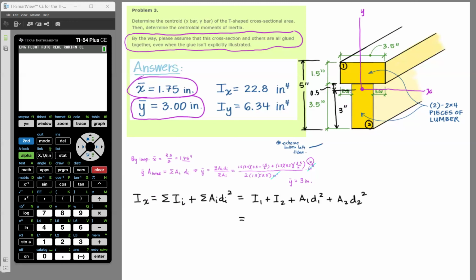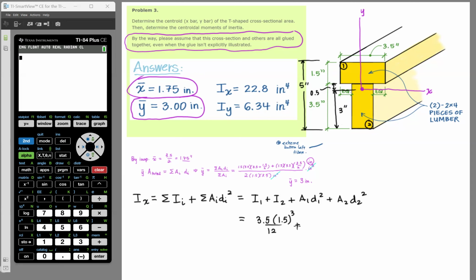So we're going to start with those moments of inertia. I1. So moment of inertia of a rectangle, b h cubed over 12. And the one that I want to cube is perpendicular. So I'm going to do 1.5 cubed times 3.5, all that over 12. And next term, I sub 2.